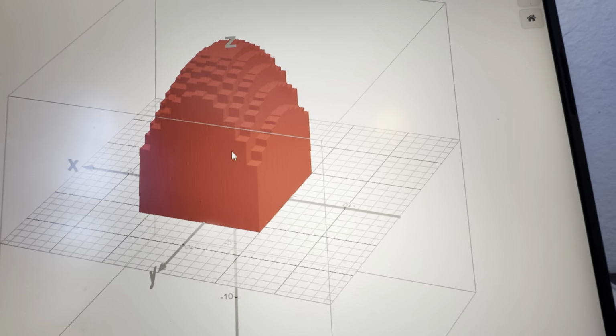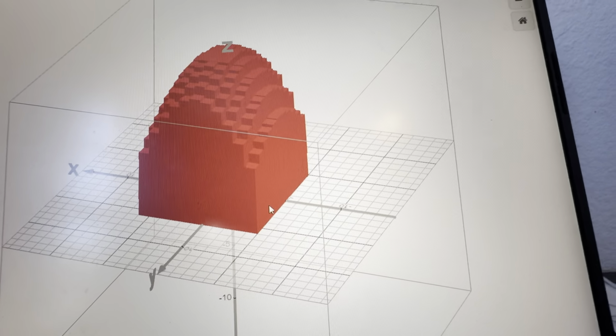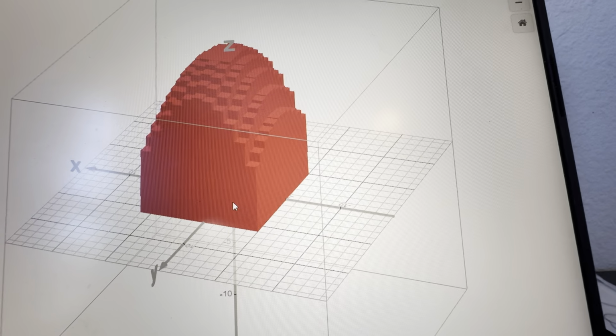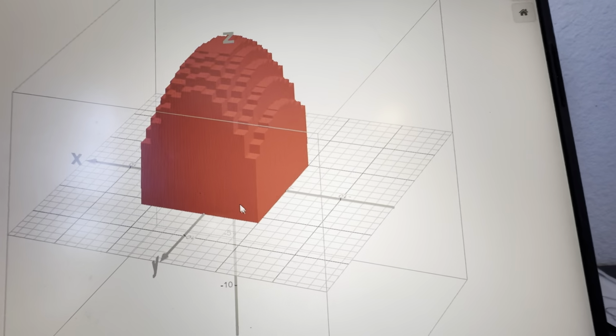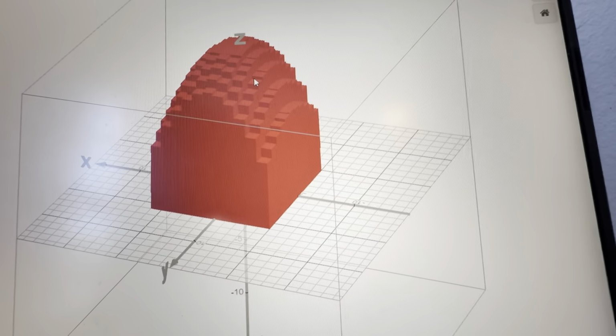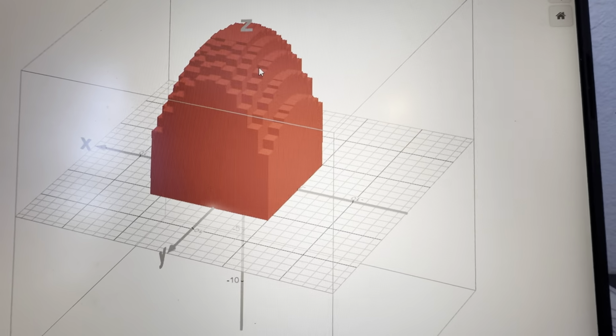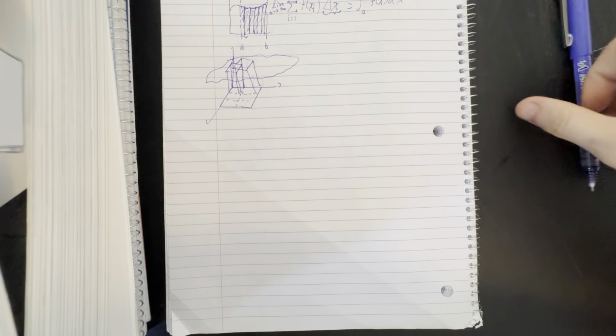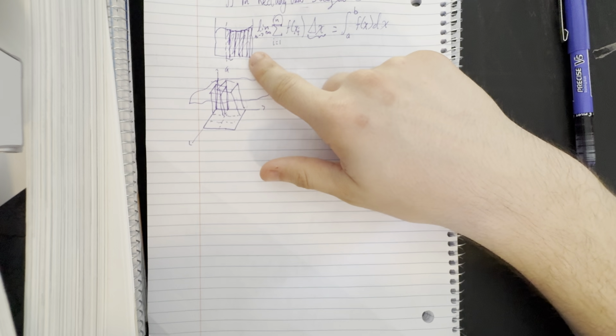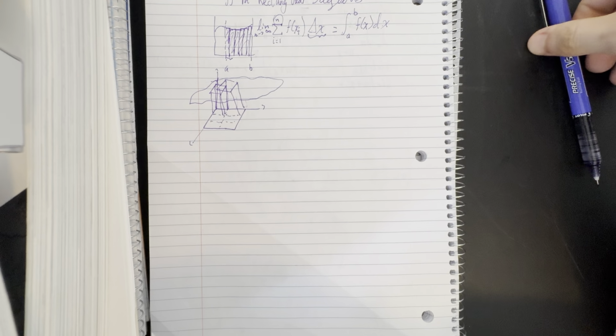But this is what I'm trying to draw. This is an upside down paraboloid, and you're approximating with the volumes of these rectangular prisms. So it's pretty much a direct translation from 2D to 3D, area to volume, right?